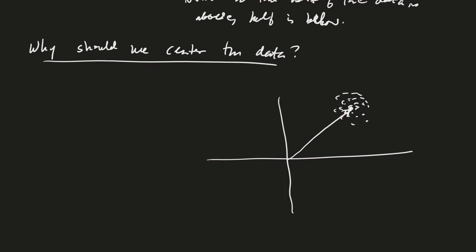So it's a lot better to assume that your data is already grouped around the origin. That'll make the rest of our linear algebra work. It's actually necessary for the linear algebra, not so much for the statistics that we're going to be doing. And so you're going to want to mean subtract your data first.